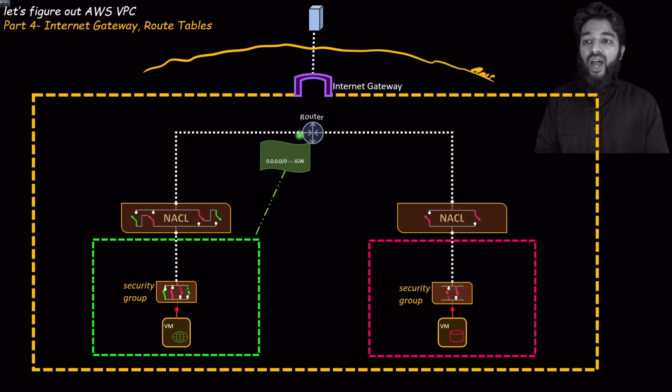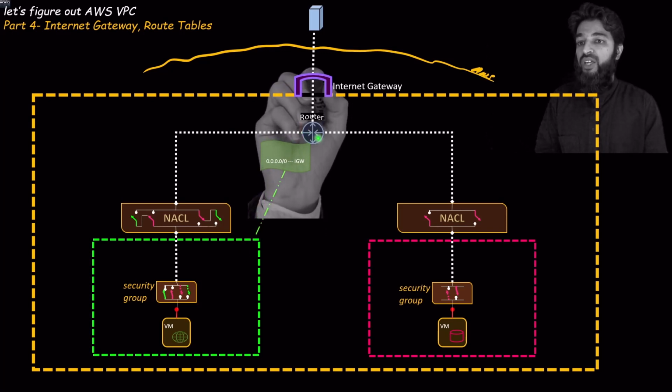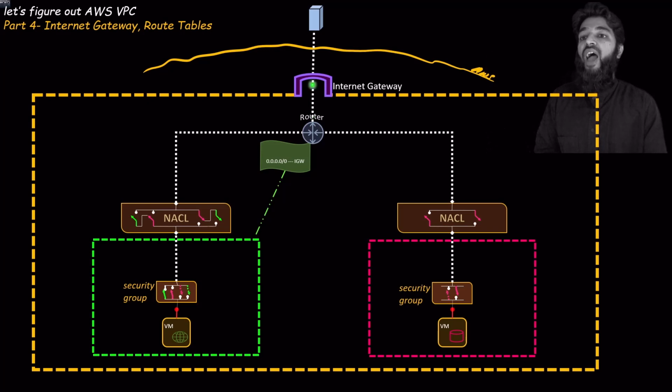Now, once you do that, and once the router receives traffic from SN Web, what will happen? The router now knows what it's supposed to do. It will take that traffic and forward it to Internet Gateway. And then the Internet Gateway will do the needful. It will forward the traffic to the outside world, whichever server it is destined to.